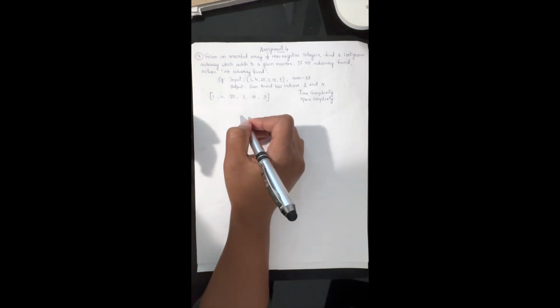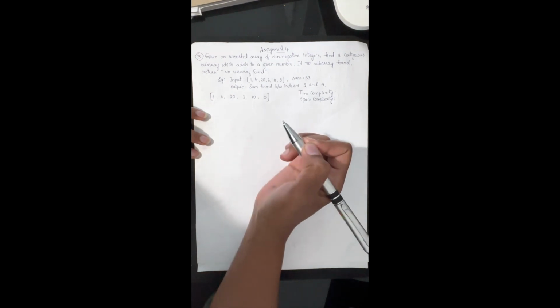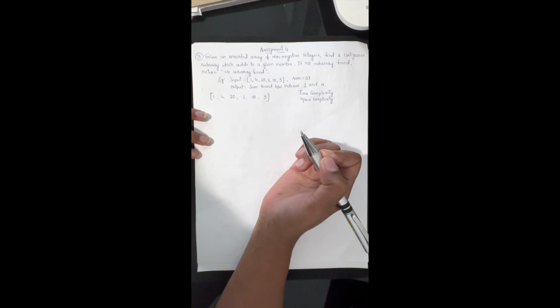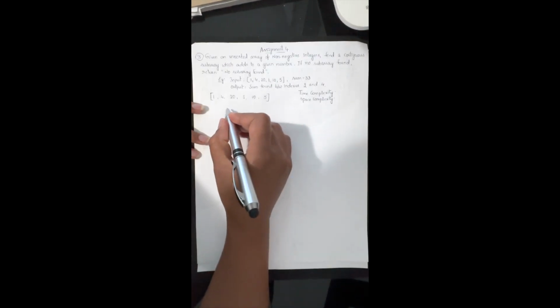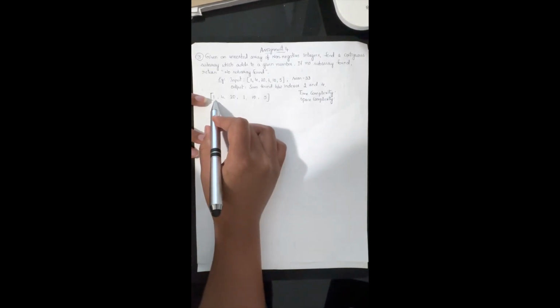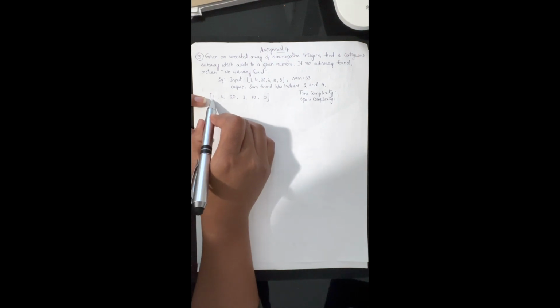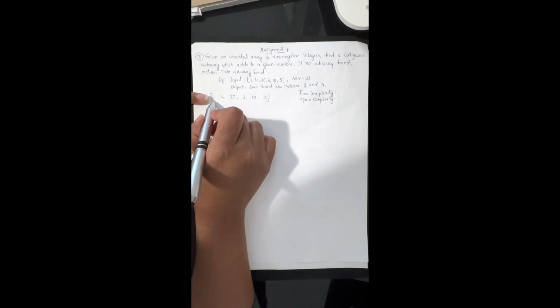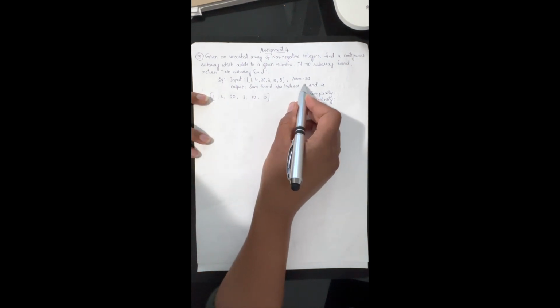To solve this problem, I am going to use the sliding window method, which is also called the two-pointer method. First I am going to start with index 0, and I will check if the element at index 0 is equal to the given sum.